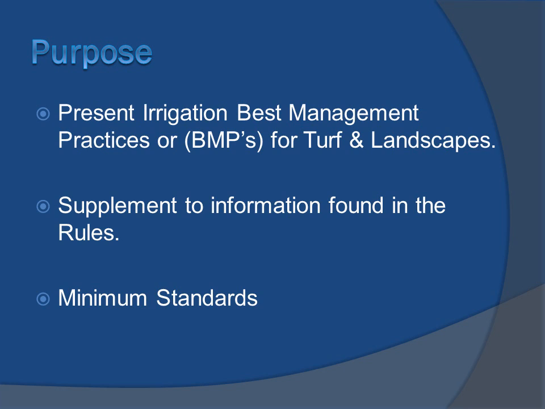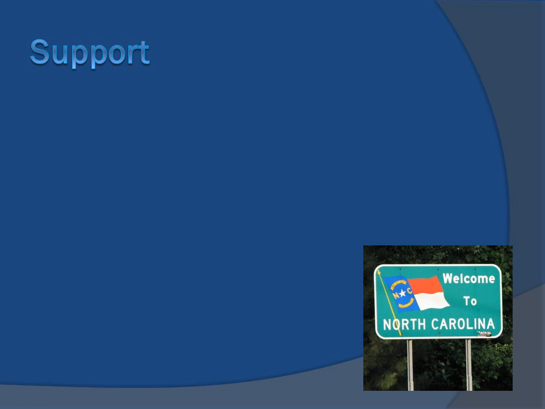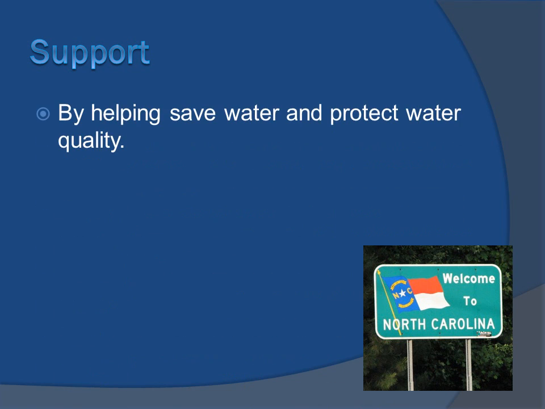It's what we as professionals should be using for the minimum standard, supporting the saving of water and protection of water quality. That's the big thing in the landscape industry now. You're always wanting to save water. You're always wanting to protect the surrounding water ponds, even the sewer systems. We don't want chemicals to run off. We don't want extra water going into the sewer system. We only want to use the correct amount and protect all the surrounding waters.